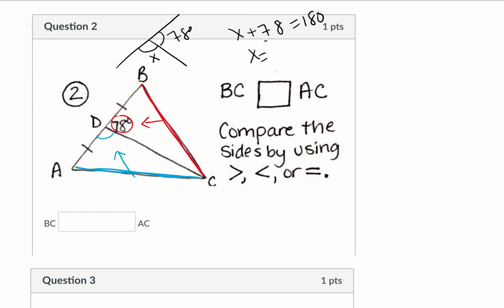So we're going to subtract 78, and we get 102 degrees. So that means this is 102 degrees, which means 102 is bigger than 78. So because 102 is bigger than 78, that means AC has to be larger than BC, which means that BC is smaller. So we're going to say this is smaller.